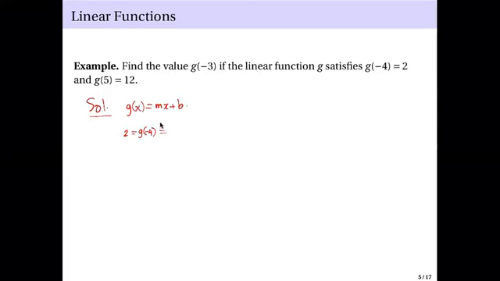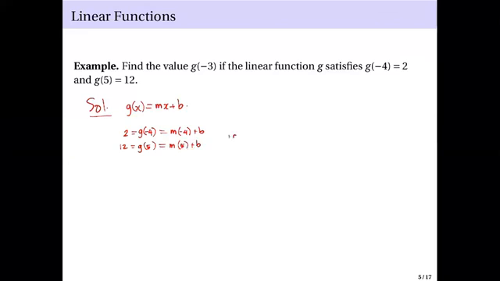But on the other side, we replace x with negative 4, so you have m times negative 4 plus b. From this, we have g of 5, and that's equal to 12. On the other side, we have m times 5 plus b.